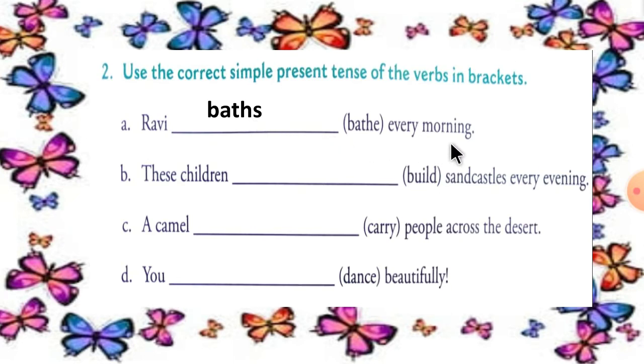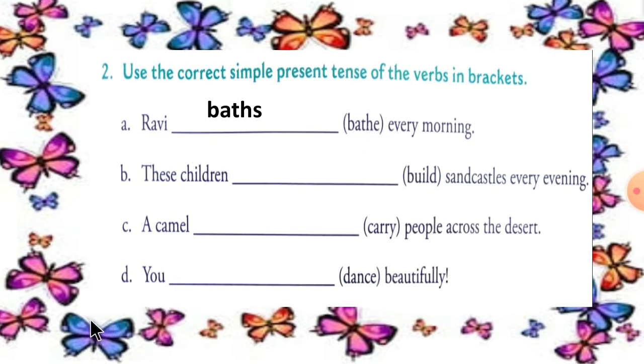So do you remember the sentence structure which I told you for simple present tense? Yes. In a simple present tense, if the subject is he, she or it, you have to add s, es or ies in the verb. So here Ravi means he, so we will add s.